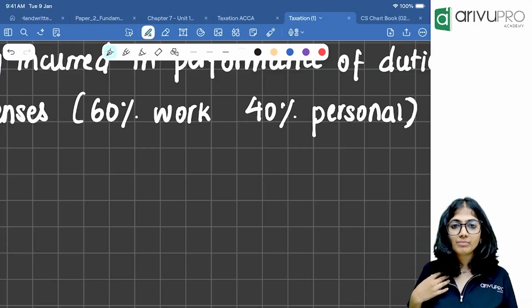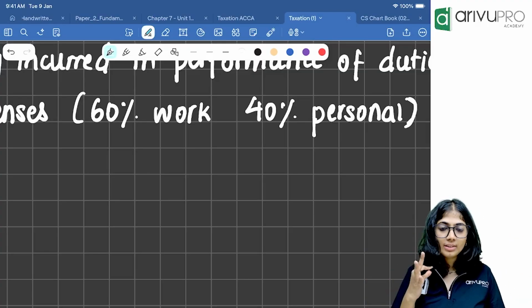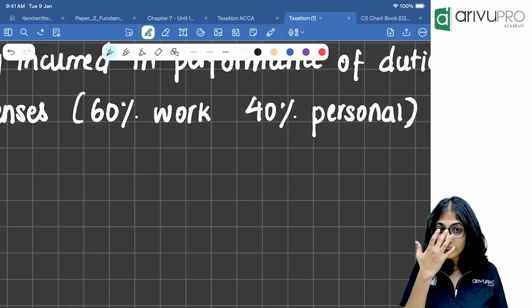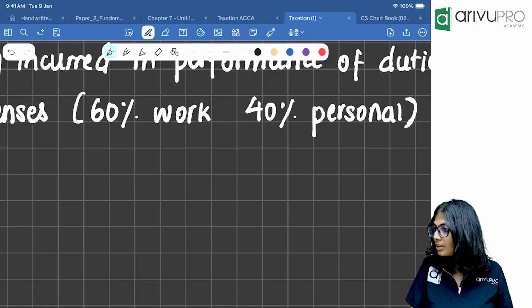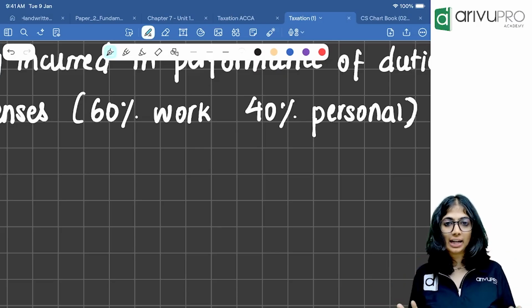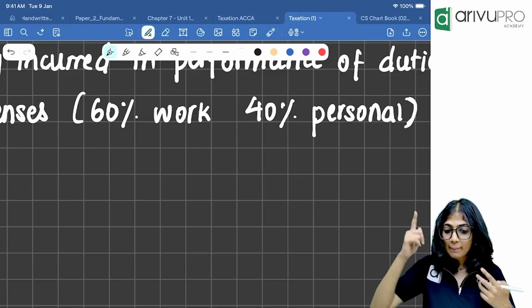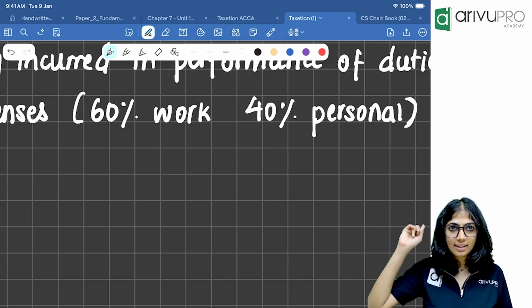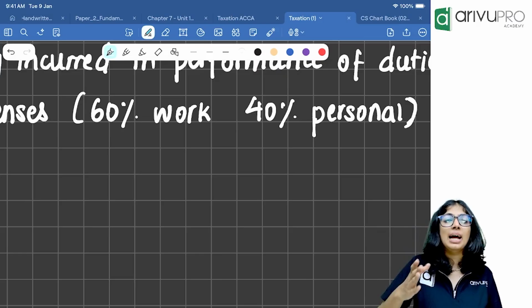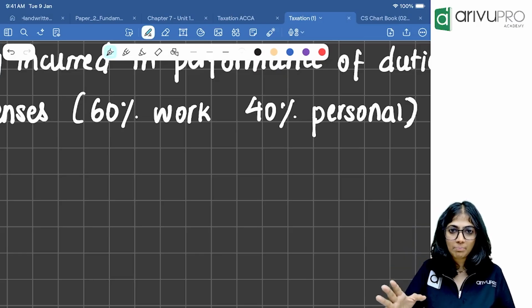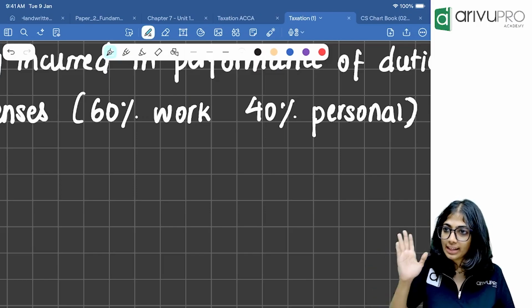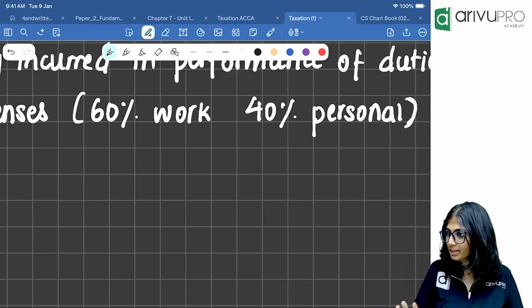For example, I need to wear a black shirt to attend these classes, to provide tutoring service to all of you. Let's say the dress code is to have a black shirt. I can't buy this black shirt from, let's say, American Eagle, for 5,000 rupees when I can easily get it for 500 in Bangalore.